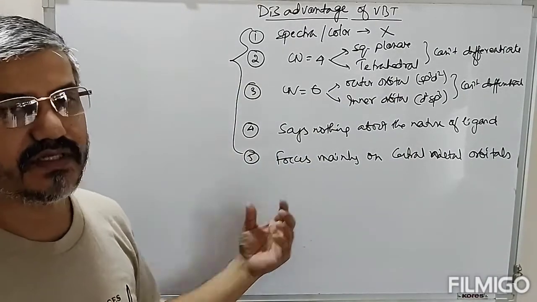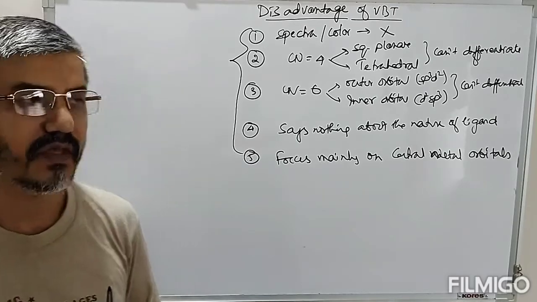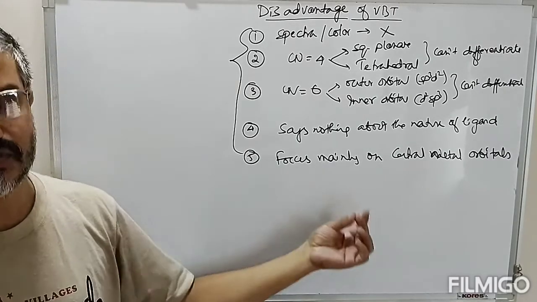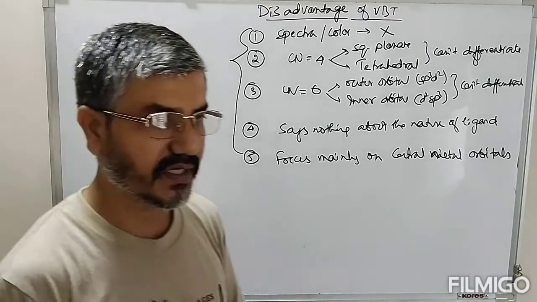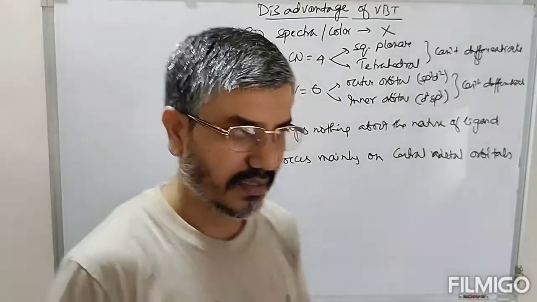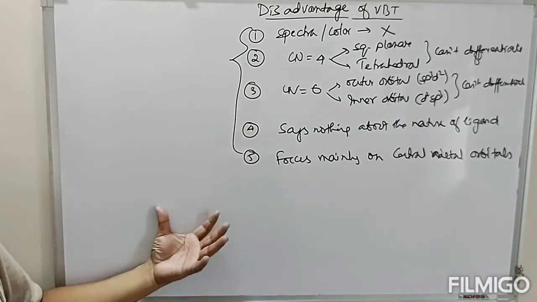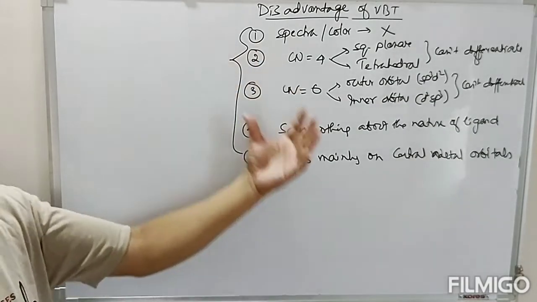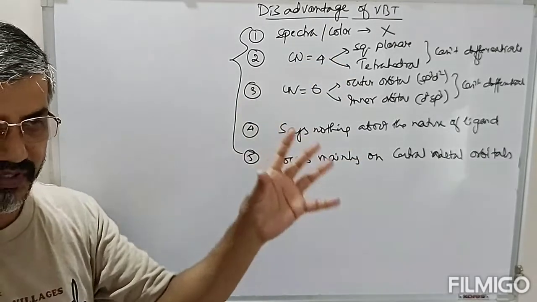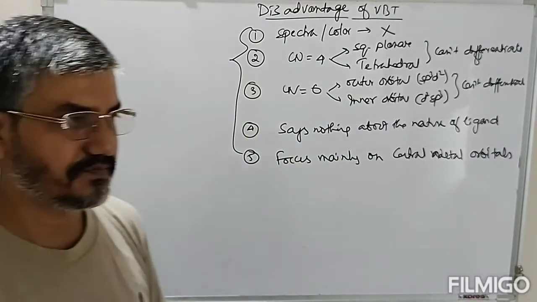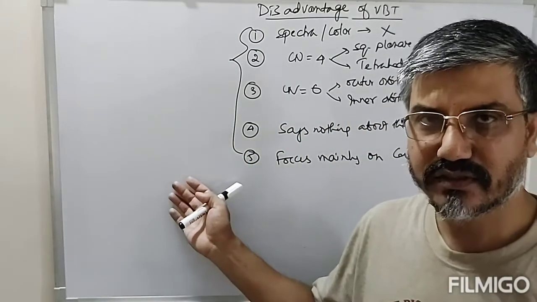Apart from these disadvantages, I told you there are some advantages: we can predict the shape, the geometry, and we can calculate the electronic structure. Based on this electronic structure, we can predict whether the complex will be paramagnetic or diamagnetic. So this is a brief idea about valency bond theory. What is valency bond theory? What are its postulates?